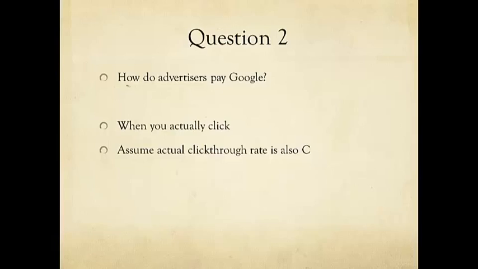The second question is, how do advertisers pay Google? So when you actually click, then the advertiser has to pay Google. But we'll assume that the actual click-through rate, let's say C1 for the first hour your advertisement is there, C2 and so on, will just be the same as the expected click-through rate.